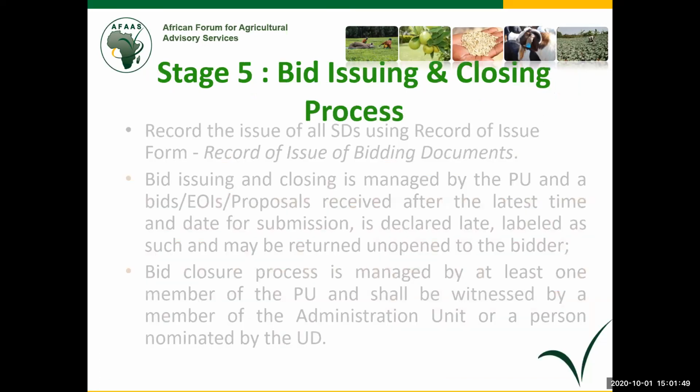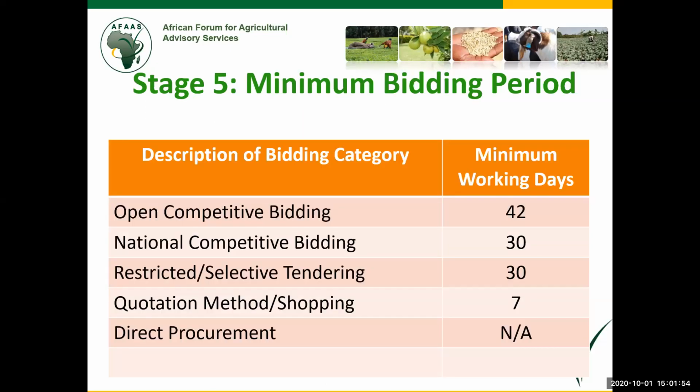Bid issuing. I hope you have seen this. You have seen the minimum bidding period, colleagues. Emphasis, what should go in your heads is a minimum of 7. If it is a single source, that one is okay. It can even move in 2 days as long as a justification is there.